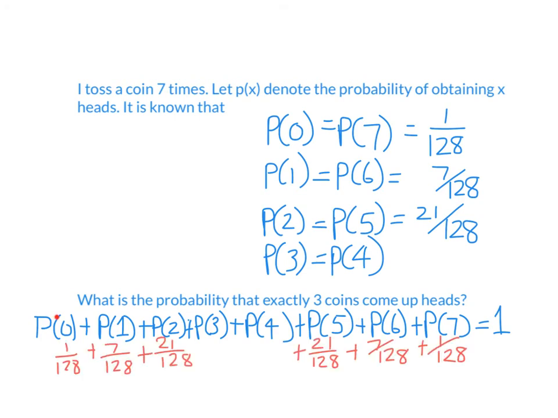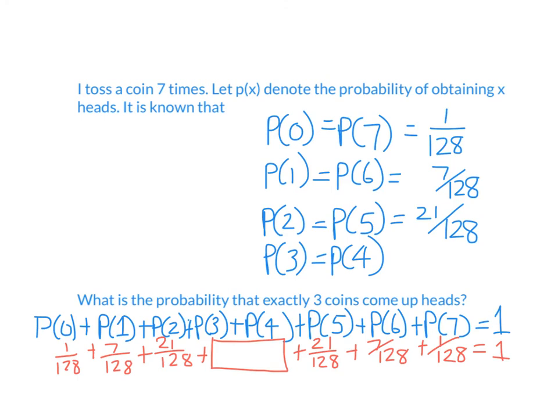So if I add up the probabilities I do know, these 6 probabilities, I end up getting 58 over 128. So if all of the probabilities add up to 1, these two here must add up to 1 minus 58 over 128. They must add up to 70 over 128.